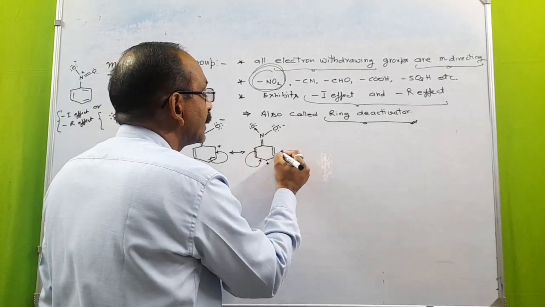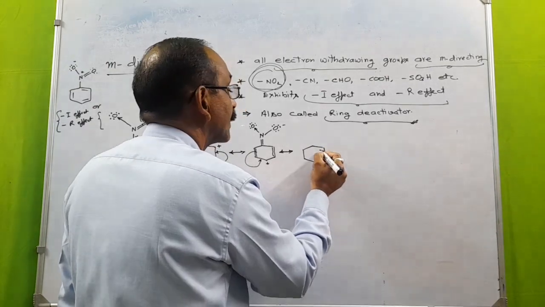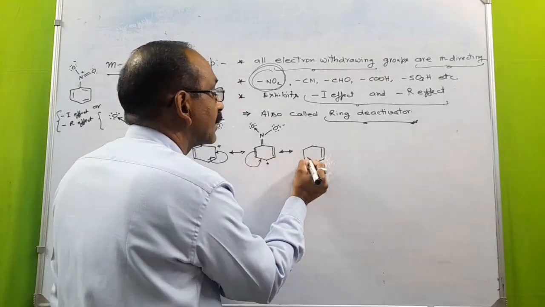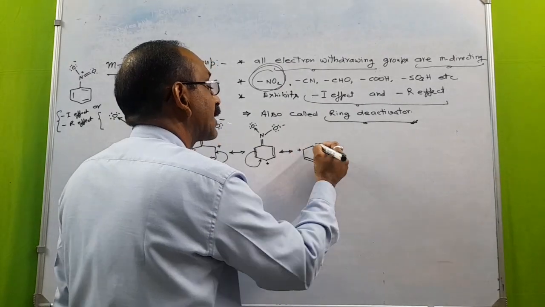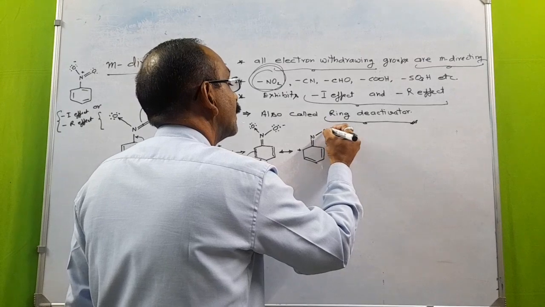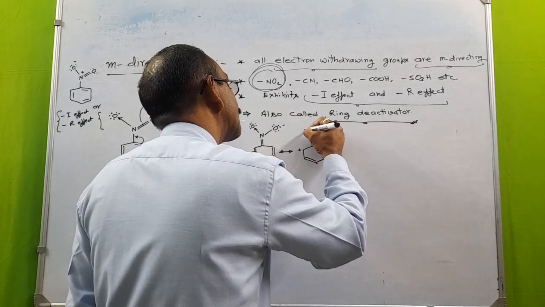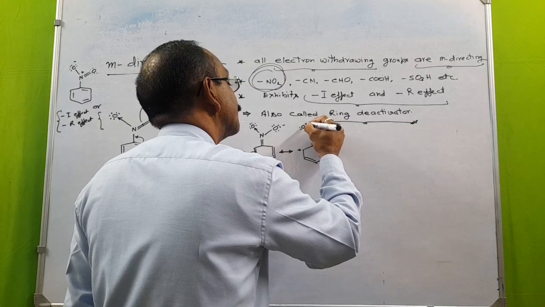We'll get another resonating structure. Here double bond. As these two electrons shifted here, a double bond will form. This site will become electron deficient. Here there's the double bond between the ring and nitrogen. At this oxygen there will be a negative charge, while there's the coordinate bond oxygen.